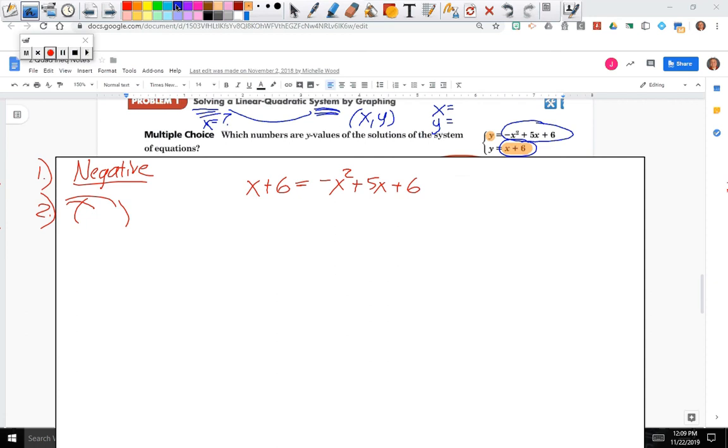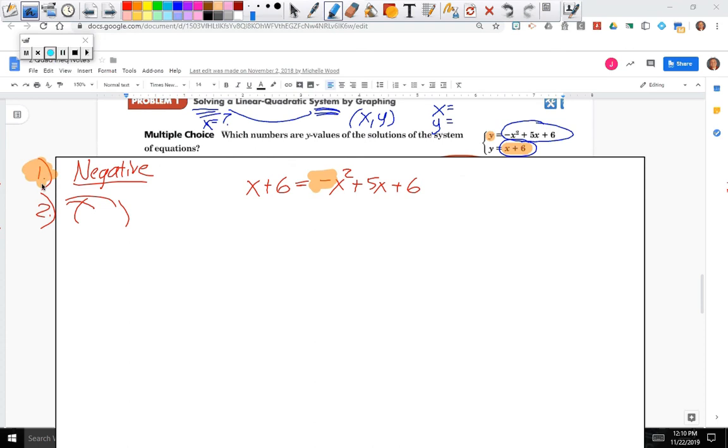If you're the type of person that would move this over and move this over, leaving the biggest degree of x negative, chances are you're going to struggle with this. But if you always try to keep the biggest coefficient of x positive, even throughout the equation and all that solving, then you don't struggle with this as much.